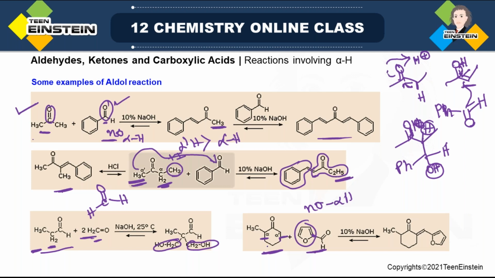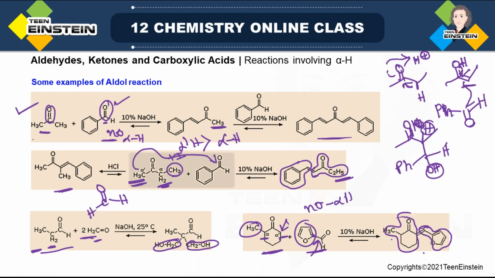Obviously alpha prime hydrogens are more acidic because here you do not have the plus I effect problem of the methyl group. So that is why the carbanion will generate at this position and it will attack the carbonyl carbon present in furan aldehyde, and ultimately you are getting this type of molecule, which is a condensation product. It is not the addition product. The addition product is beta hydroxycarbonyl and the condensation product is the alpha beta unsaturated form.